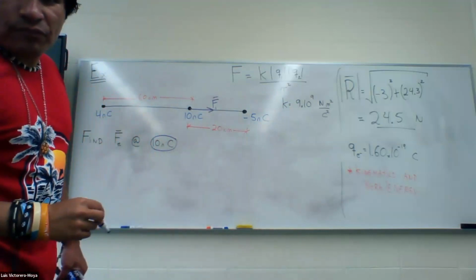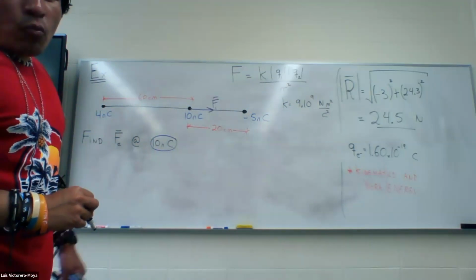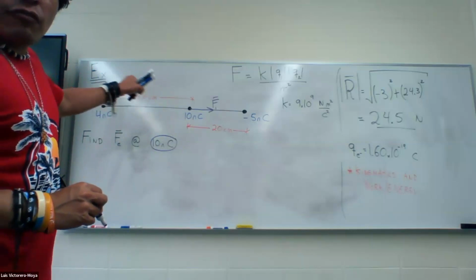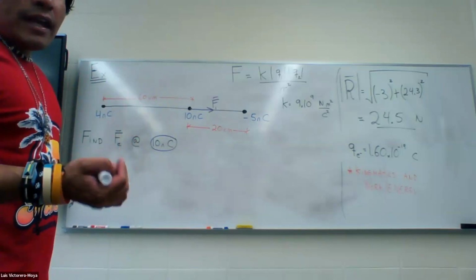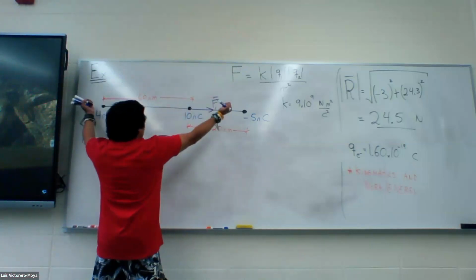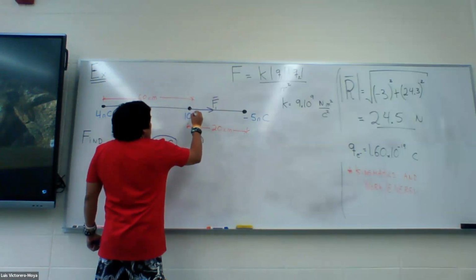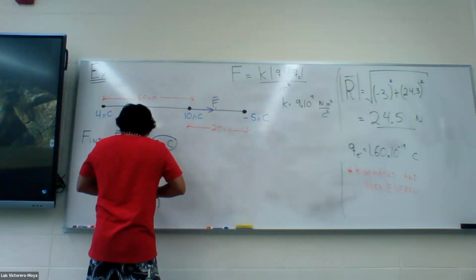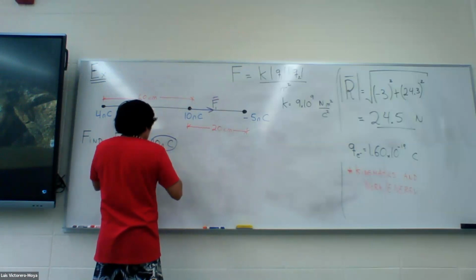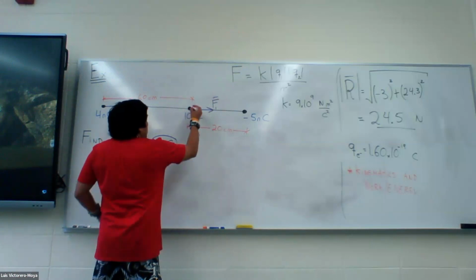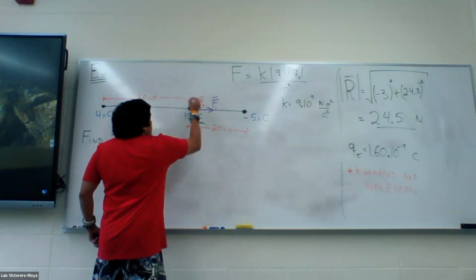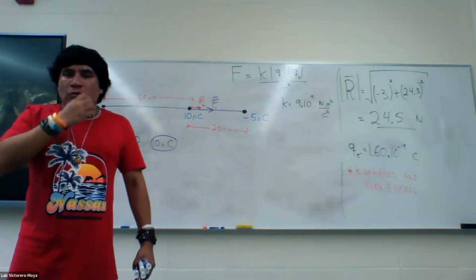Make sense? Right? What about 10 and 4? They both are positive. Because they are both positive, they repel. So you're going to have a force here. F2.